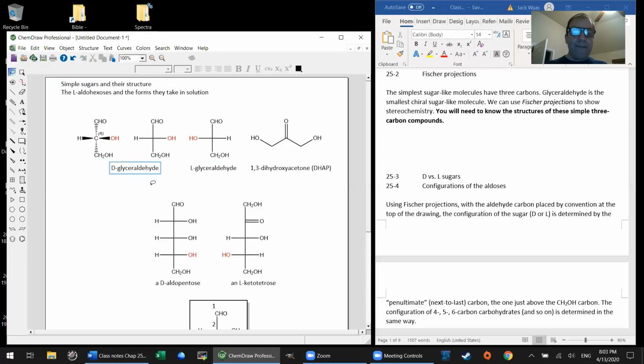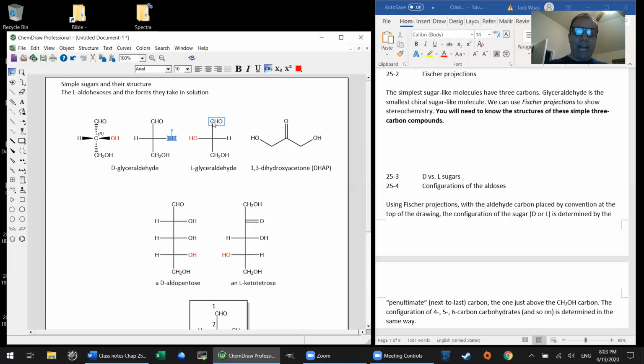And what the D means is that the next to last, or penultimate, OH group, of which there's only one here, there's only one OH on a chiral carbon, in the D enantiomer that OH group will be on the right of the Fischer projection, if we always draw the Fischer projection with the convention of starting with the carbonyl group as near to the top as we can possibly get it.